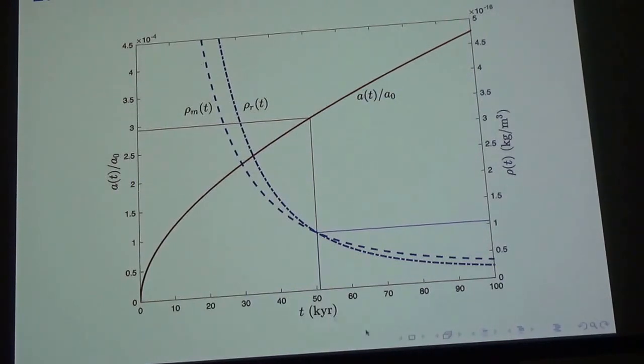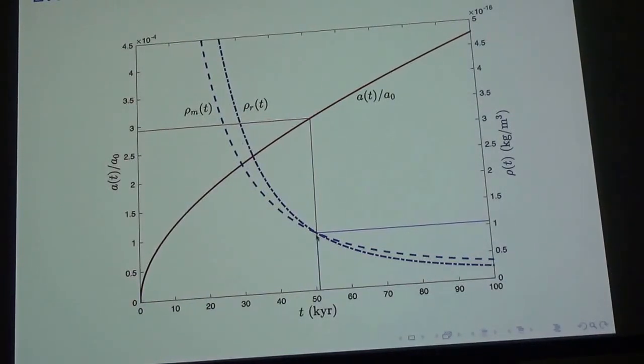And what I've plotted here are the radiation densities, with the numbers on the y-axis on the right-hand side in kilograms per meter cubed. The units here are, of course, 10 to the minus 16, because space is mostly empty. And here's the matter density falling fast initially, and the radiation density, both of them falling fast, but the radiation density is falling faster.